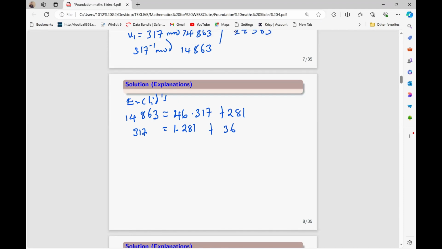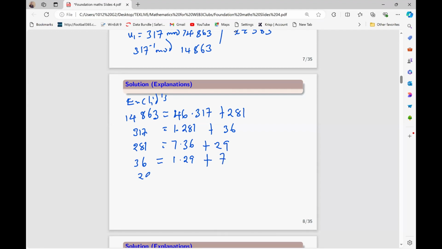Then 281 divided by 36 is 7 times, and the remainder is 29. Then 29 goes into 36 once, and the remainder is 7.